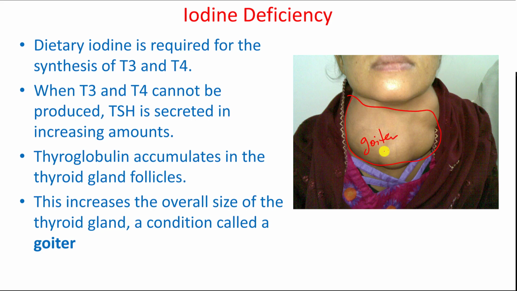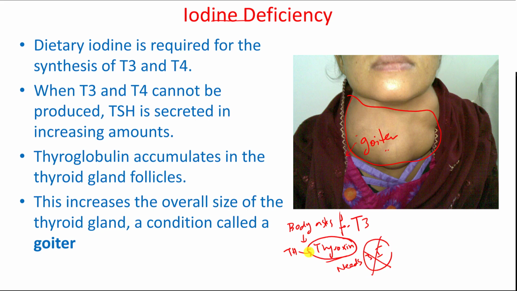Why? This is a sign of iodine deficiency, that the thyroid gland doesn't have enough iodine to release all of the thyroxine. What's happening in the body is that the body asks for thyroid hormone, let's say T3. The thyroid gland gives the thyroxine, and we said the thyroxine needs 3 iodine ions, right? But if there are no iodine ions, then we will just store the thyroxine.